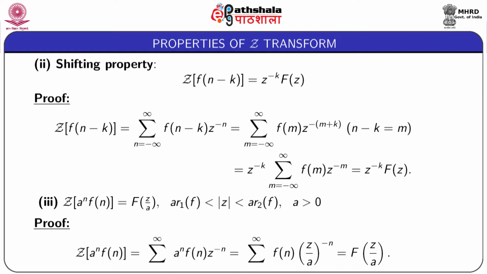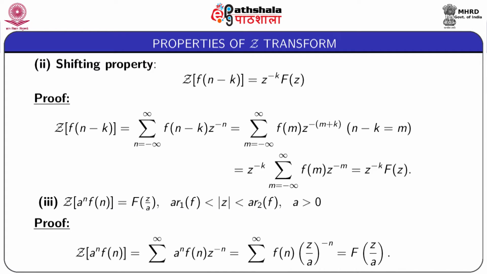Third property is that Z transform of a to the power n fn is equal to capital F of z by a, where a into R1f less than mod z less than a R2f, a positive.